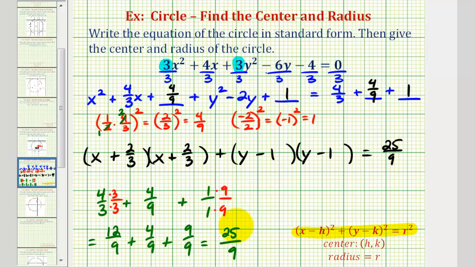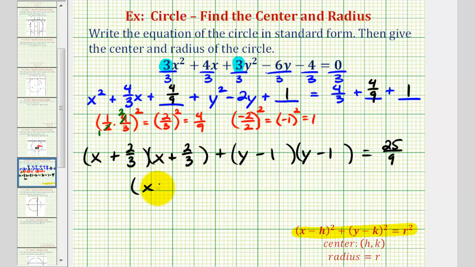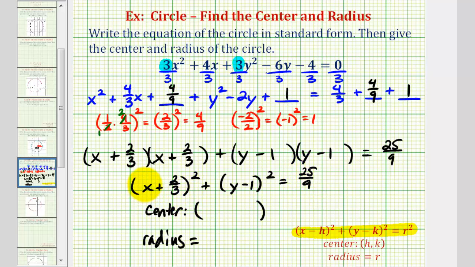Now we have all the information we need to write the equation in standard form. We have the quantity x plus 2/3 squared plus the quantity y minus 1 squared equals 25 ninths. And since we have the quantity x plus 2/3 squared, the x-coordinate of the center would be negative 2/3. And because we have y minus 1 squared, the y-coordinate would be positive 1.